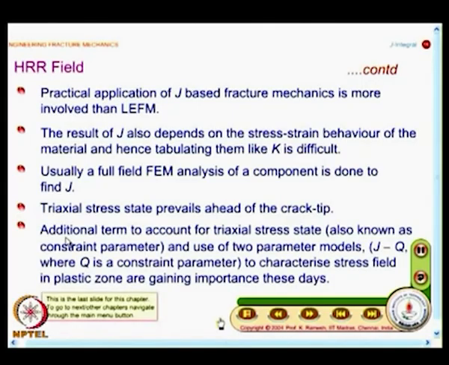They have tried to find an additional term to account for the triaxial stress state, which is also known as a constraint parameter, and you have the use of two parameter models known as JQ, where Q is a constraint parameter.